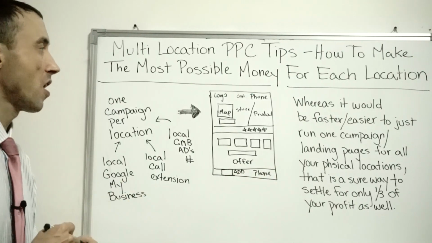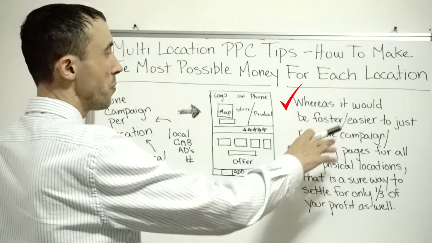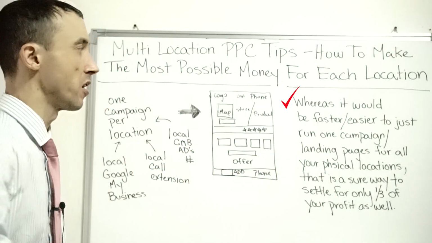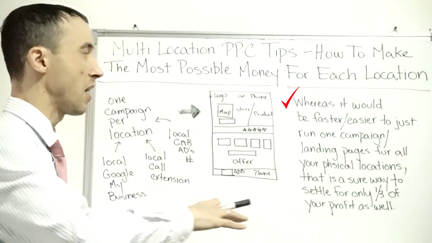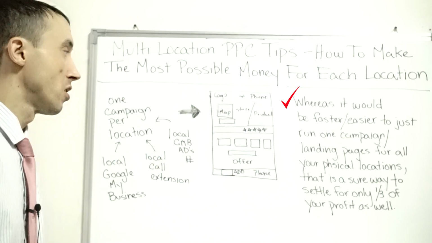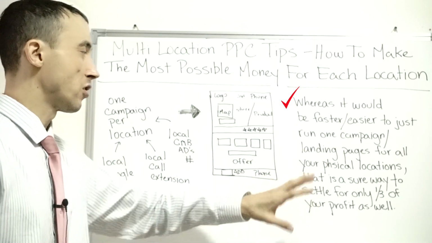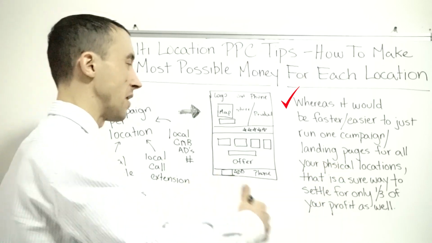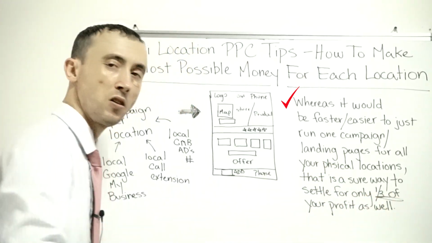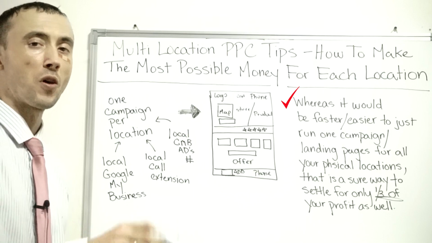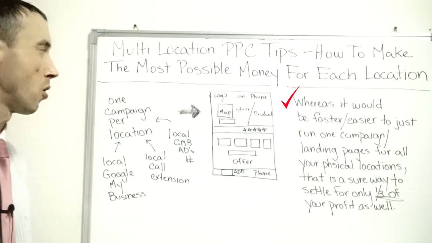So getting into the content, whereas it would be faster and easier to just run one campaign or one landing page for all of your physical locations, that's a surefire way to get basically a third of the total profit you can get out of Google Ads for the bulk of your locations as a whole.